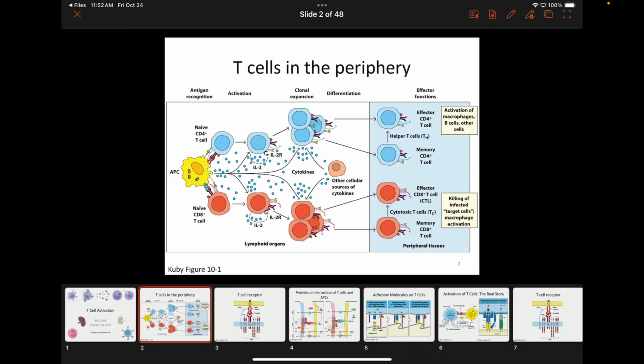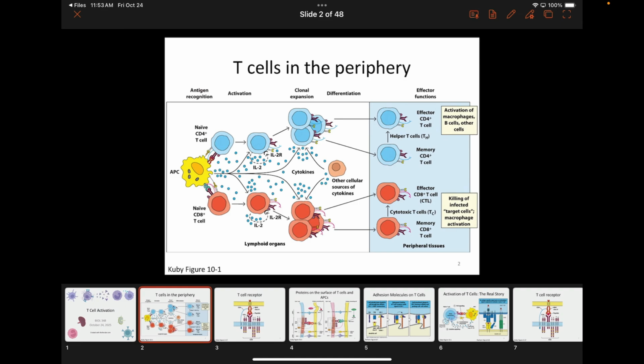If you recall last time, we got our naive T cell into the lymph node, the same place where we had our dendritic cell potentially presenting antigen, so that the two can interact and the T cell can undergo some of these steps of activation to eventually become an activated T cell that's going to do something about our microbe.